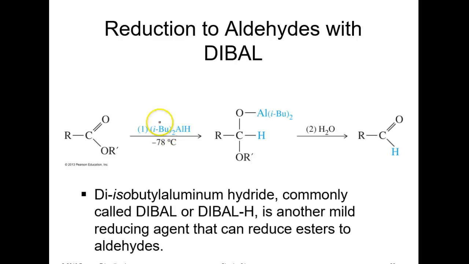Okay. What happens is when the hydride attacks and kicks up to form the O-, the O- actually forms a very strong bond with the aluminum. Remember, with LAH, the O- is with a lithium, which is basically a very strong base.